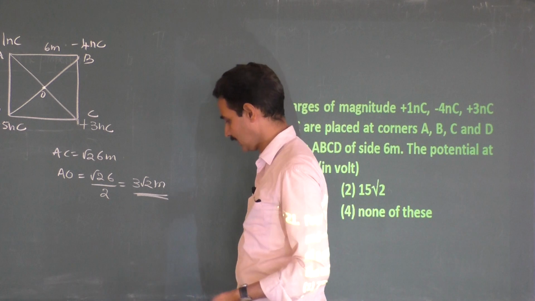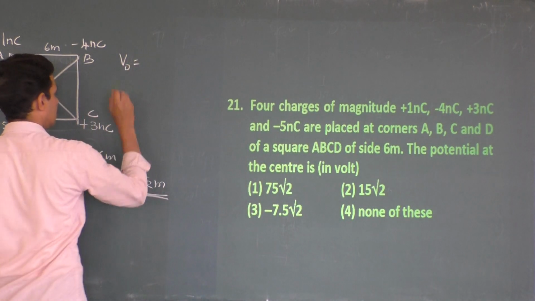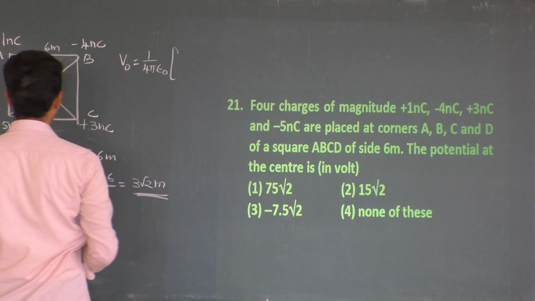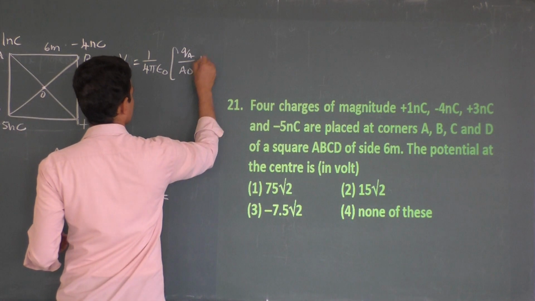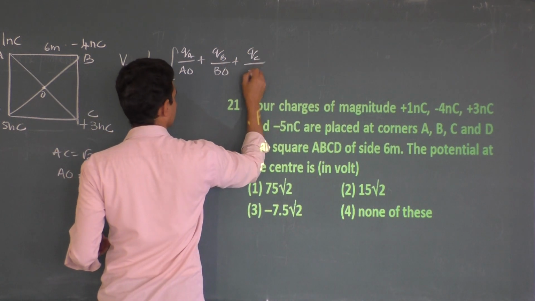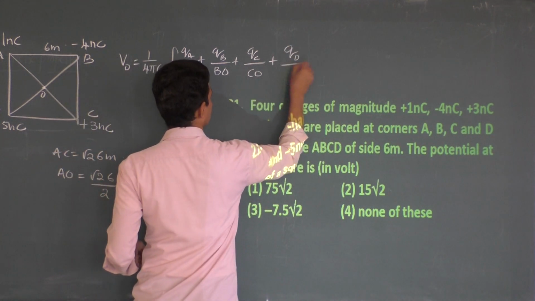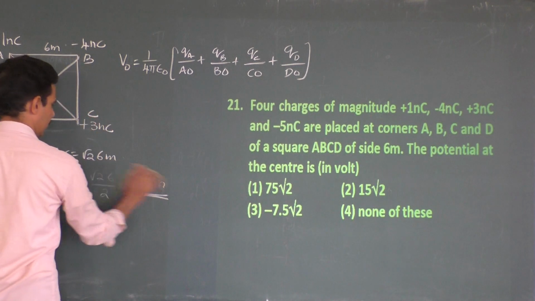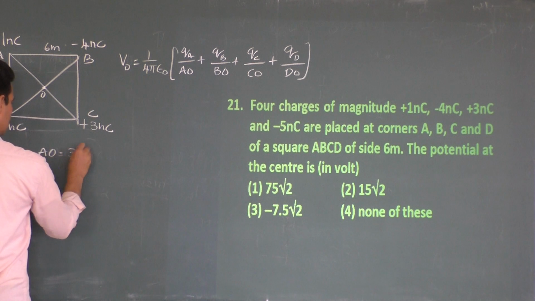So what is the potential at the center now? The net potential at the center, V naught, is equal to 1 by 4 pi epsilon naught into QA by AO plus QB by BO plus QC by CO plus QD by DO. All these distances are equal to 3 root 2.